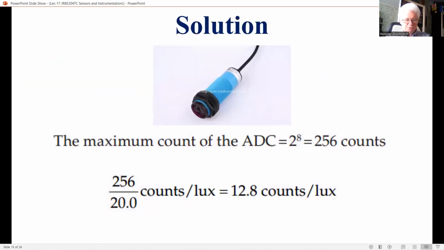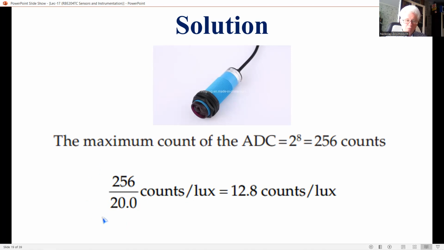Let's start our solution. The maximum count of the ADC is 2 to the power 8. It gets us 256 counts, right? And this corresponds to 5 volts into the ADC, which is the sensor output for the maximum possible light level of 20 lux.